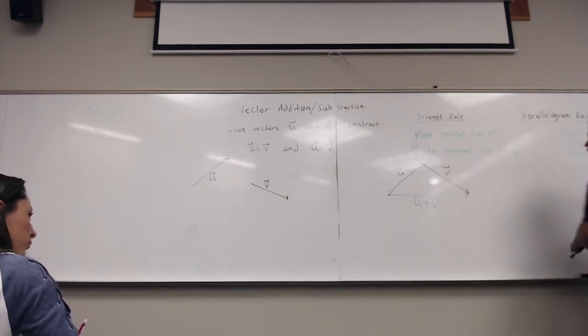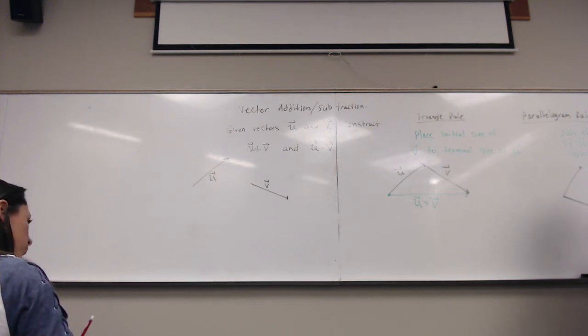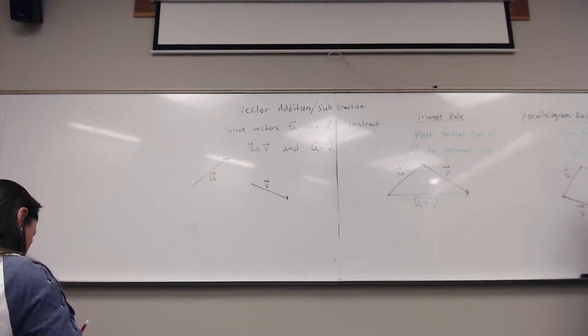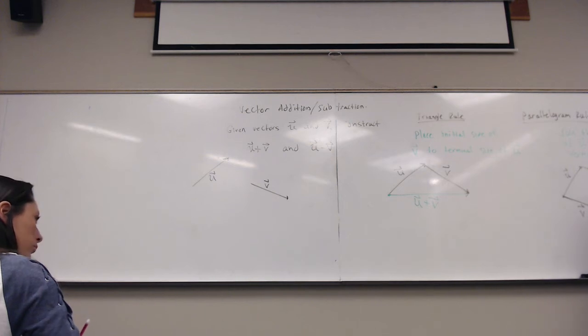And then there's the parallelogram rule, where this time you join the vectors together: join their initial sides. Then the trick is to draw a copy of v and a copy of u to make this little parallelogram.